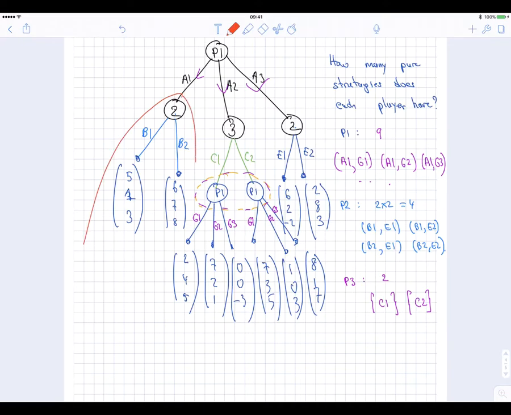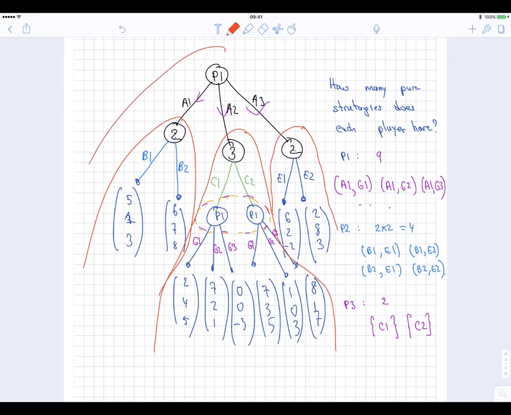So this is 1. This one here will be another one, because these other decision nodes cannot be separated since they're in an information set. So a subgame cannot start from there. Then there will be this, and then the whole game itself, which is also a subgame. So you have 4 subgames here.